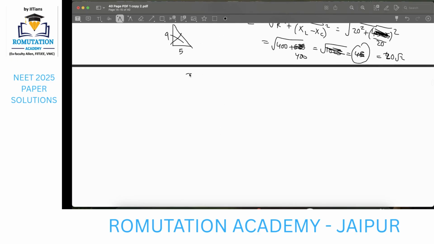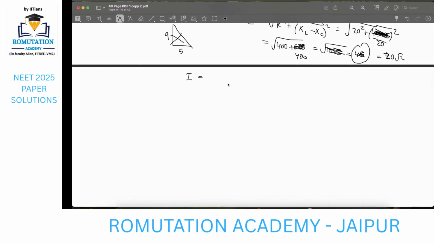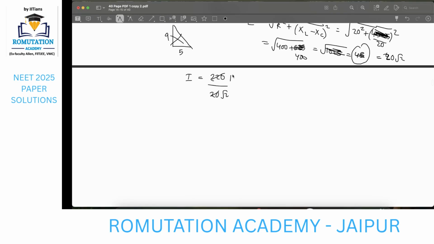So I think, yeah, this helped, so no longer required. So for the current, if we have to derive, the voltage is given as 220. So 220 divided by 20 root 2 takes me somewhere near 11 by root 2. 11 by root 2 can be written as 11 root 2 by 2, which means somewhere around 5.5 into 1.414, and how much should that number be?